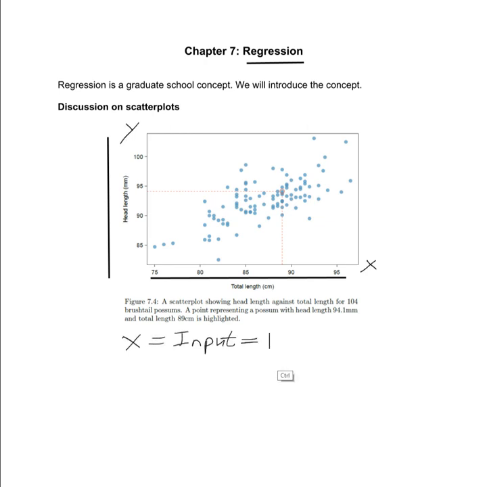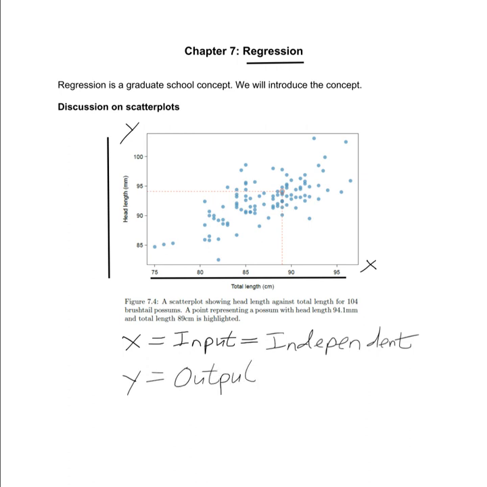It also can be considered an independent variable, and we say it's independent because we can allow x to be whatever it wants within this range. But once we've defined what that x should be, there should only be one corresponding y variable, or an output.